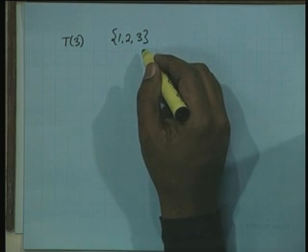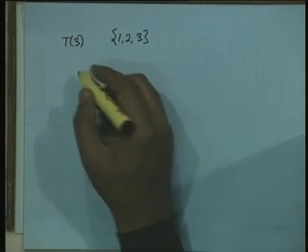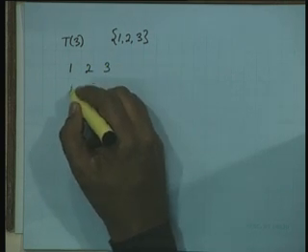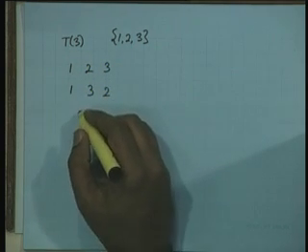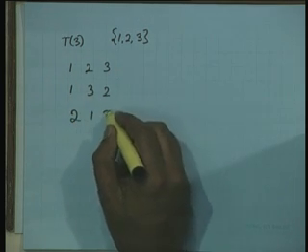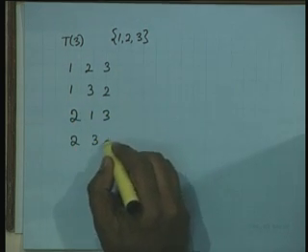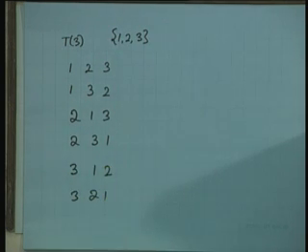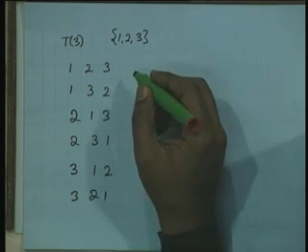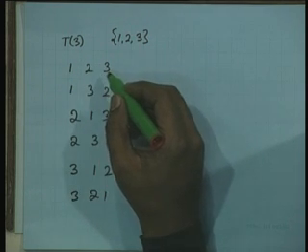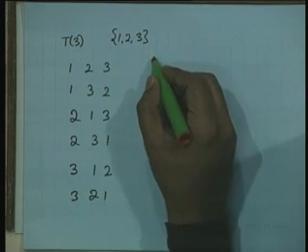So, what are the various permutations of elements 1, 2, 3? We will have 6 different permutations: 1, 2, 3; 1, 3, 2; 2, 1, 3; 2, 3, 1; 3, 1, 2; 3, 2, 1. When we have this particular permutation, what is the tree we would get if we were to insert the elements in this order?